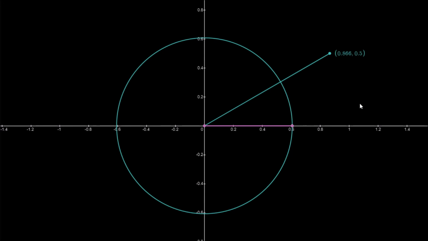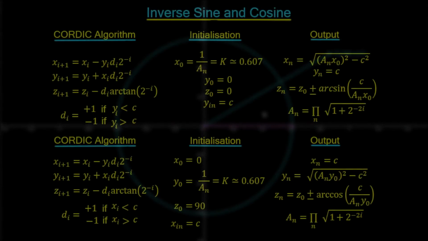So what we're going to start off with is the 0.5. That's a piece of information that we have, and we also have this distance here which we scale back, which in effect is going to give us a scaling factor. So we've got this height here and this distance here, and when we work through the algorithm we get this angle. So in effect what we've done is we've started off with the y and the r, and we've found the angle. So we've worked out the inverse sine in order to get this angle.